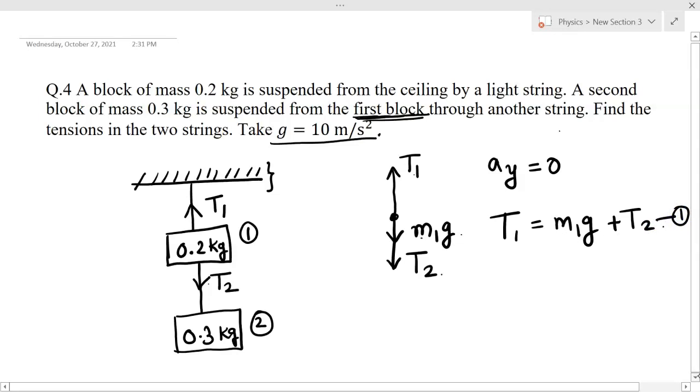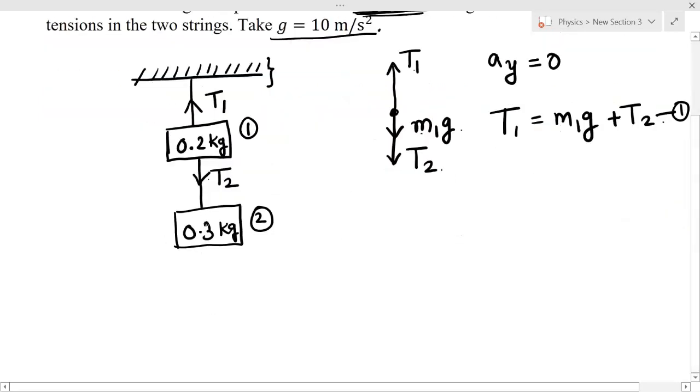The second equation we will look at is for the second block. For the second block, what is happening? This is m2. The string is pulling it upwards with a tension T2. Remember, here the tension will again be T2, same, because it is the same string. Always remember, in the same string the tension is the same. Here the string is discontinued by this 0.2 kg block.